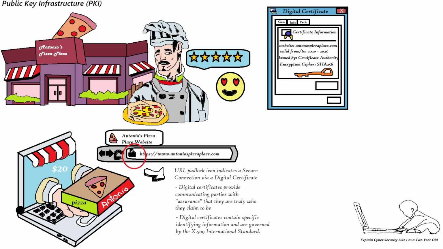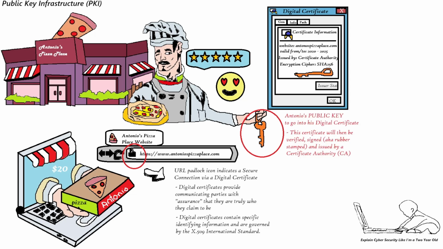the secure padlock icon. Key technical note: it is important to understand the digital certificate chain of trust, which starts with the end-to-end certificate, aka server cert, for AntoniosPizzaPlace.com. This certificate contains Antonio's public server key, which you can think of as the pizza shop public key.